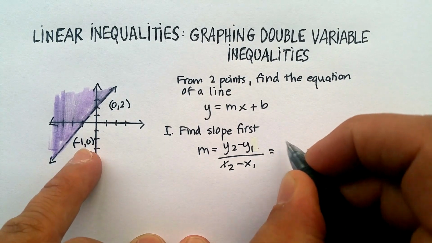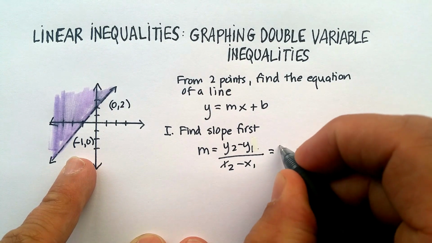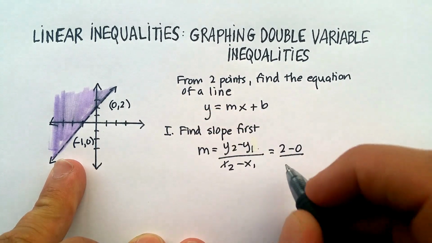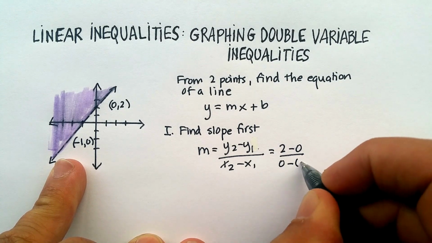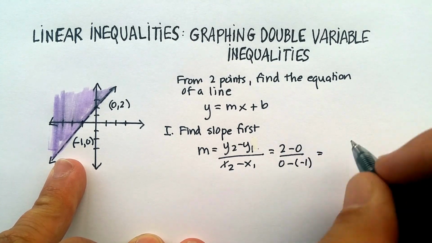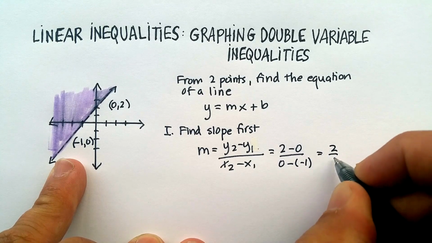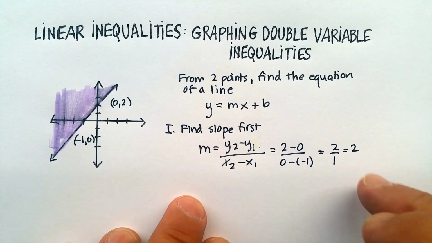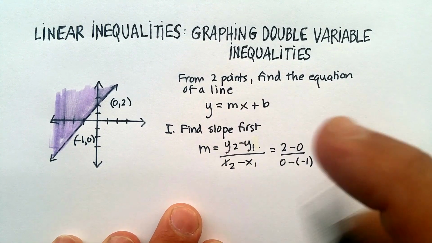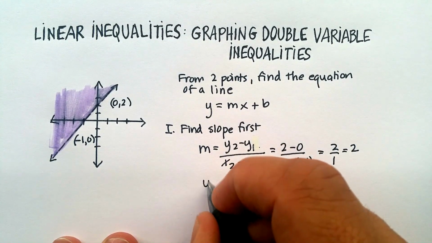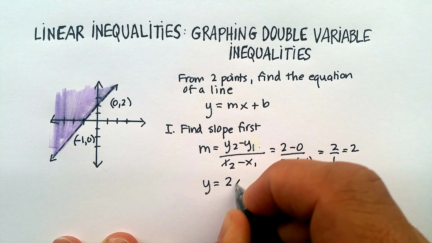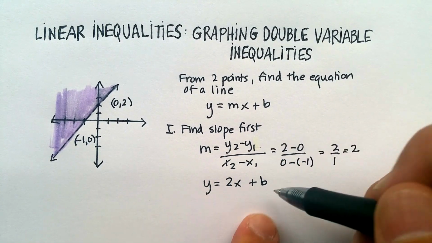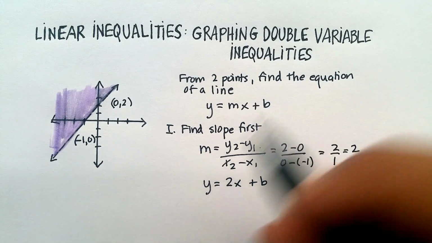I can put down 2 minus 0. And I'm going to put down 0 minus a -1, which gives me a slope of 2 over +1, or just 2. So now I can take that 2, plug it back into the m, and now I have y = 2x + b. Now, remember that b is the y-intercept, all right?